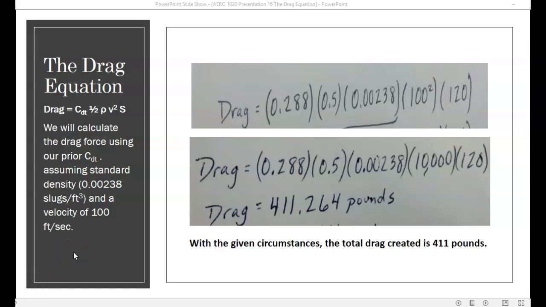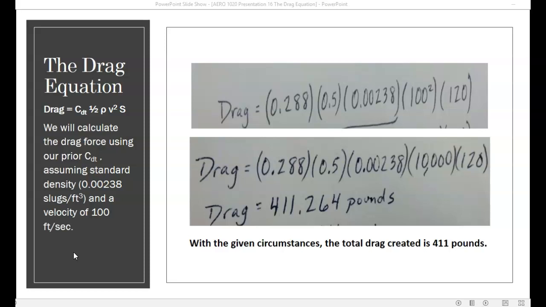So remember, the drag equation is exactly the same as the lift equation, except in the drag equation we use the coefficient of total drag rather than the coefficient of lift. So just like lift, drag is heavily influenced by velocity.